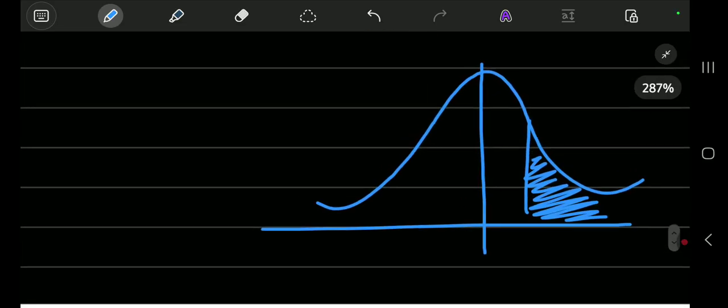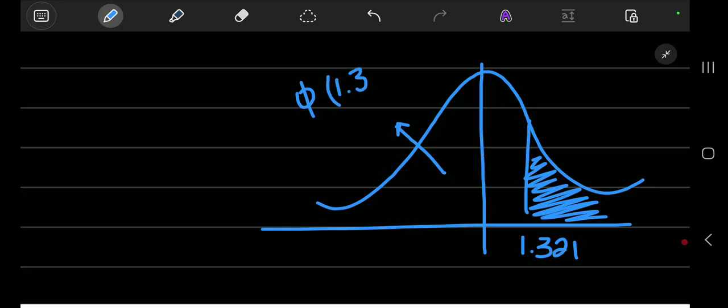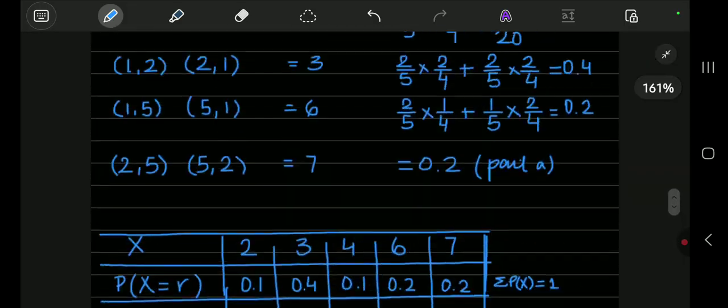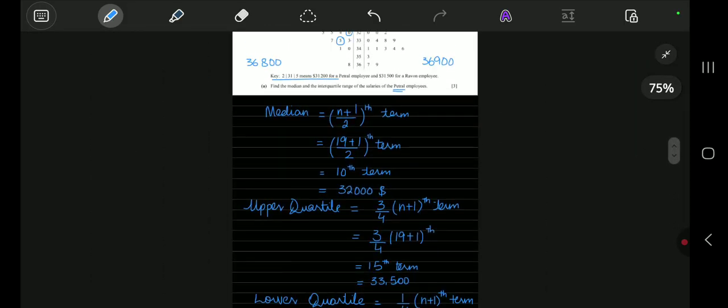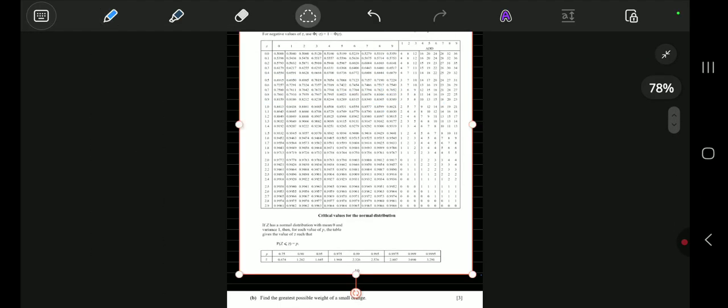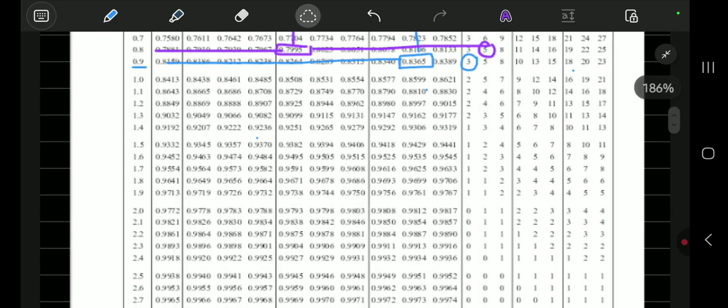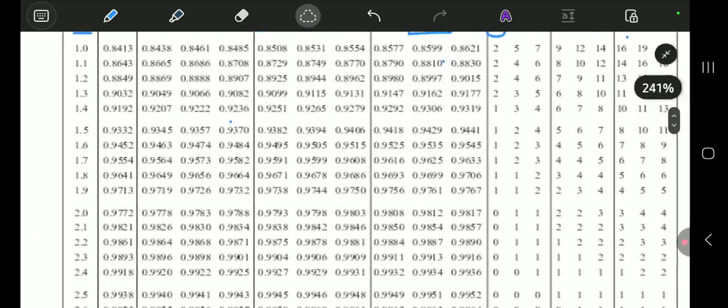When we find the table value for 1.321, we will get the table value for this region. So 1.321, let's find that out. We had the z value table above, so let's take that. Or let's look into the same table, 1.321.